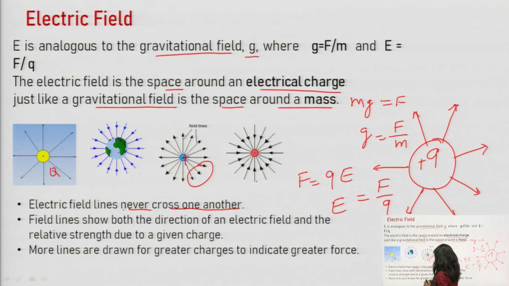More lines are drawn from a greater charge to indicate greater force. It means that if it emits more lines, there is a higher magnitude of electric field, which entails that if we bring another charge at that point, that external charge will experience more electric force.